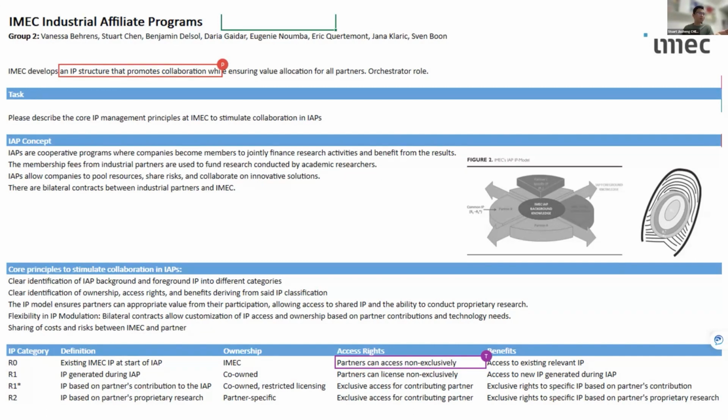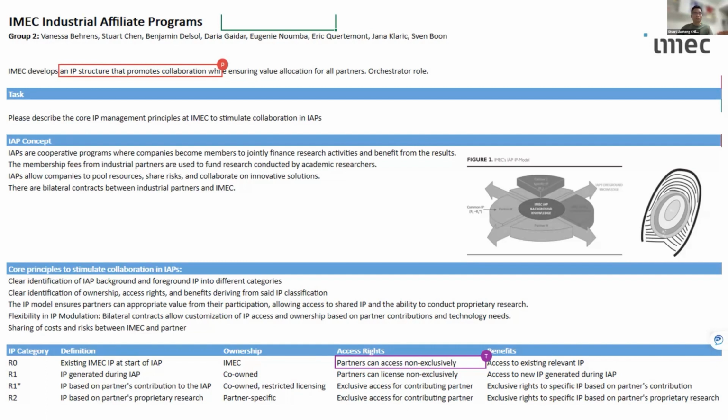R2 is a phase about the IP based on the partners' priority rights and their research. So here the ownership is partner specific and there is exclusive access for the contributing partners. So here are exclusive rights to specific intellectual properties based on the partner's priority.